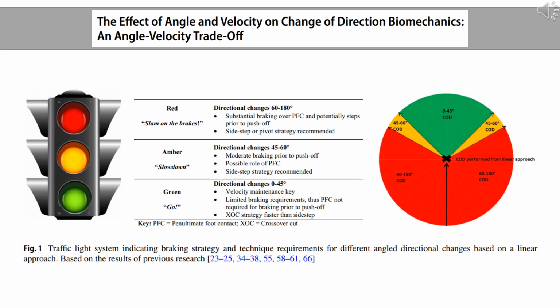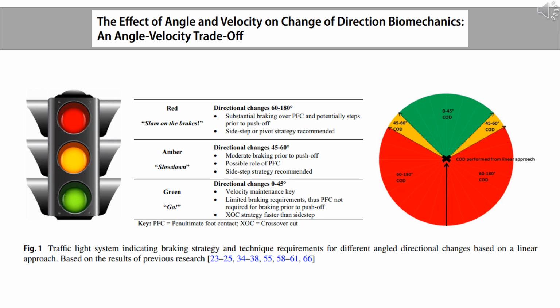Ground contact time is relatively short compared to larger angle changes, and therefore we can instruct our athletes to try and maintain velocity. We don't need to focus too much on braking requirements. We can get them to just complete the task as fast as possible, knowing that things like knee abduction moments are not so high in this task.